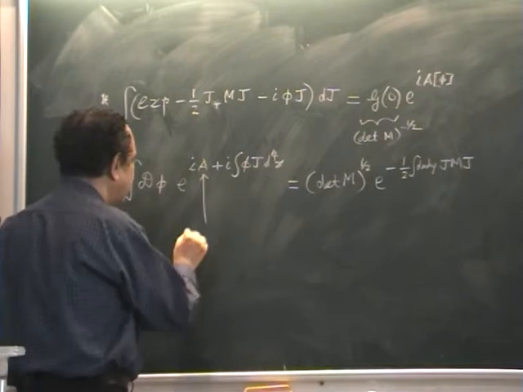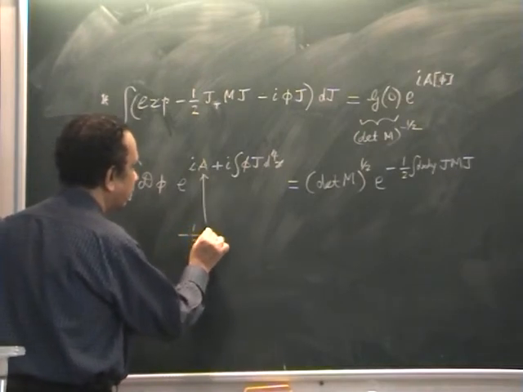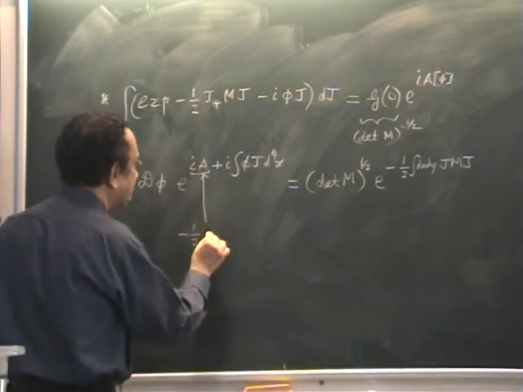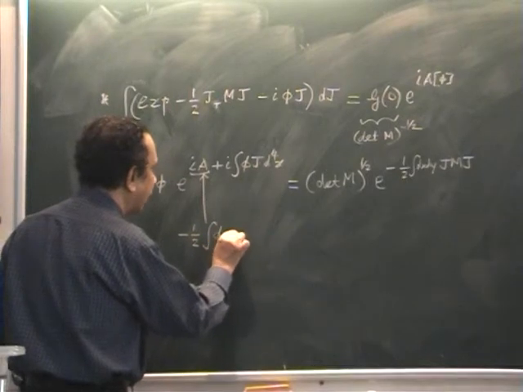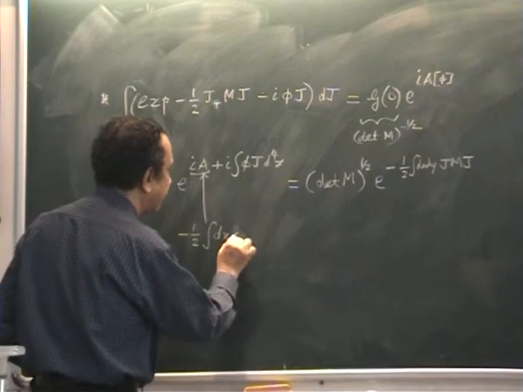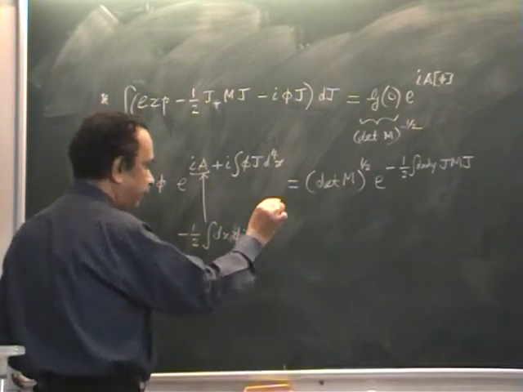This came from something like minus half i times A, so to speak, integral dx dy, or even just dx will do here, phi, some operator D phi.